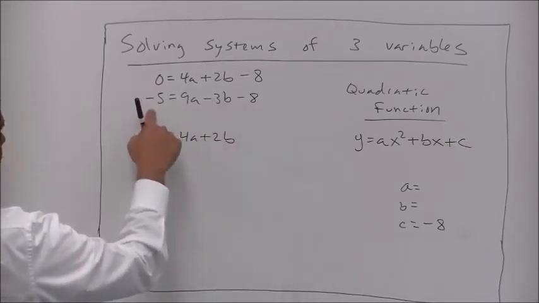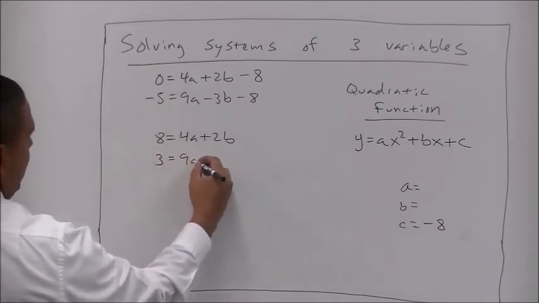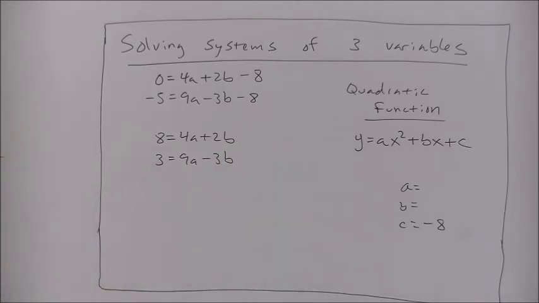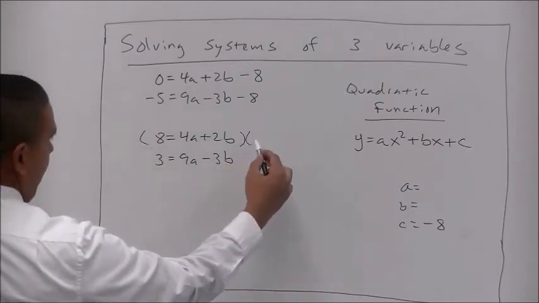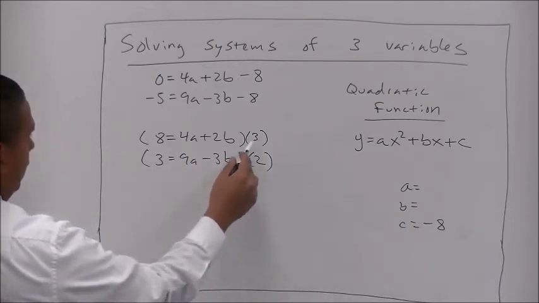Add the 8's over here, what do you get? 3 equals 9a minus 3b. What are we going to do to solve that? Opposites. So give me some numbers. Multiply the top by 3, and then the bottom by 2. So distribute.